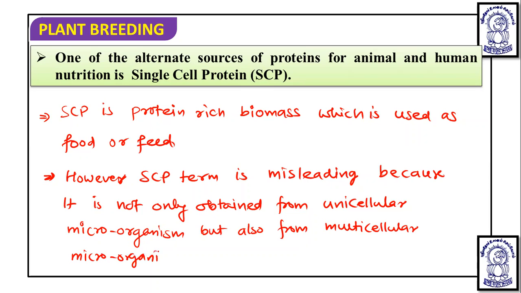So single cell protein is extracted from unicellular as well as multicellular microorganisms. So the term single cell protein, suggesting protein obtained from a single cell, is a misleading one.